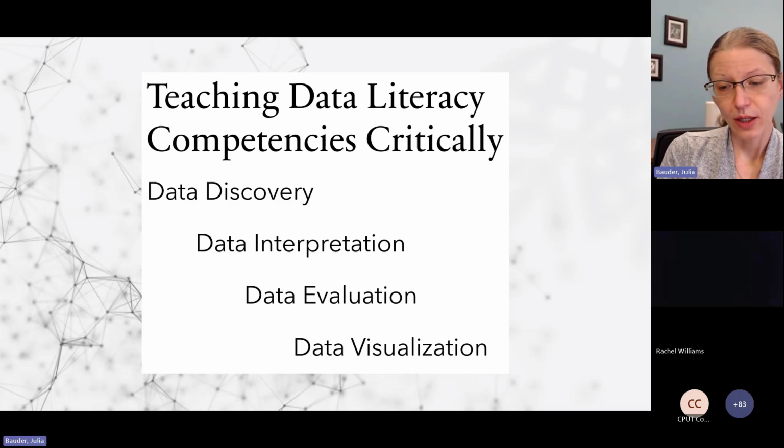Data discovery can be a great place to introduce critical data literacy concepts because of the way that data is typically disseminated. For books and articles, we have these big aggregators that are based on format. Library catalogs for books, article databases, tools such as Google Scholar.